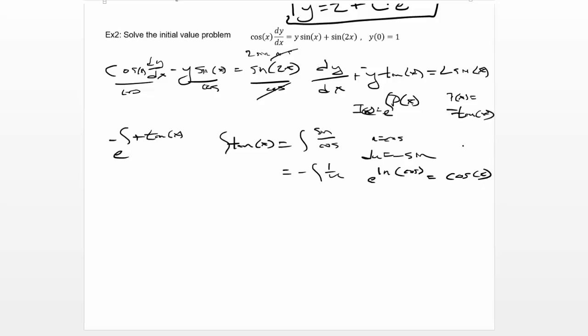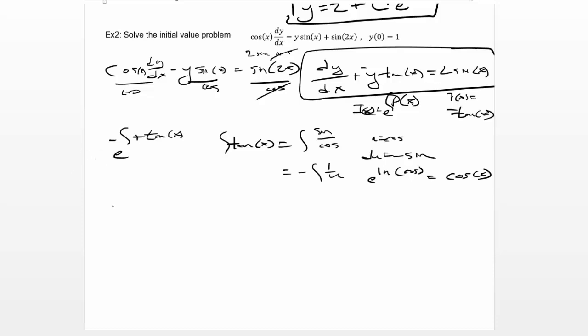So what am I going to do? I'm going to take this integrating factor cosine and multiply it back through our original function. But if you recall, we initially started by dividing everything by cosine. So multiplying through by cosine again is just going to get us back to where we started.